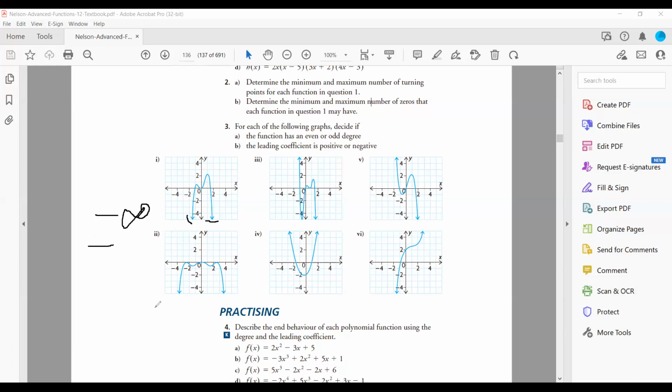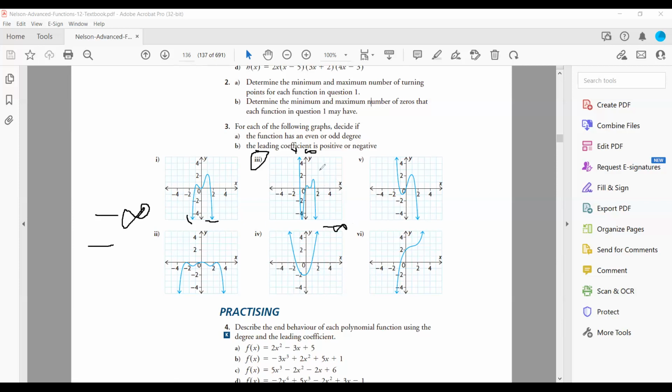Example number 2, same example, negative infinity, pointing downwards. So negative, so even degree and leading coefficient is minus. In example 3, one side is positive infinity, the other side is negative infinity. So right away I can say this is an odd degree function.